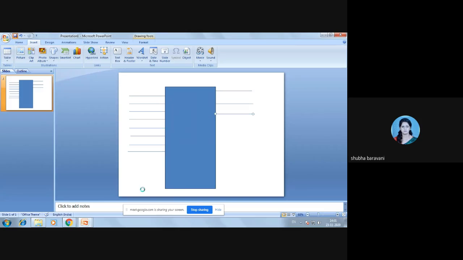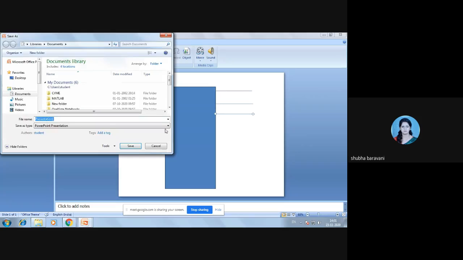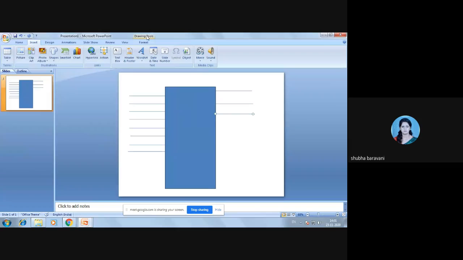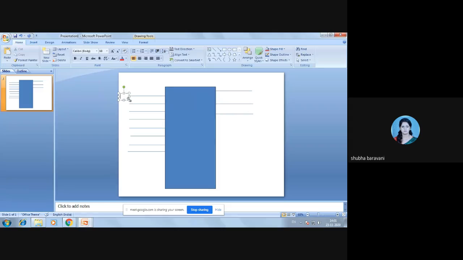Now I'll start with this input. Say this is x0. Then the next one is x1.